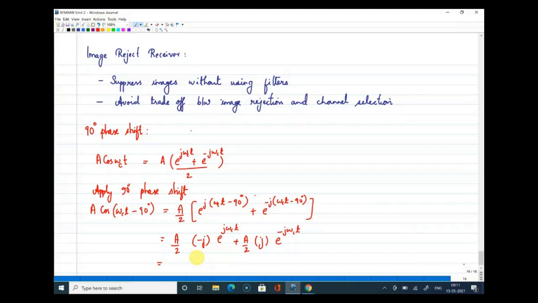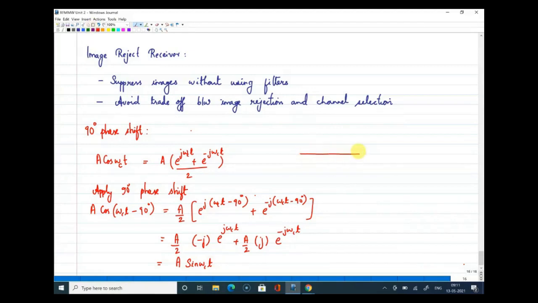Whatever I have written now is equivalent to a sine wave, right? So that can be written as A sine omega ct. And this is clear, we know if you apply 90-degree phase shift to a cosine wave, you will get a sine wave. So if I see this, see the spectrum here.